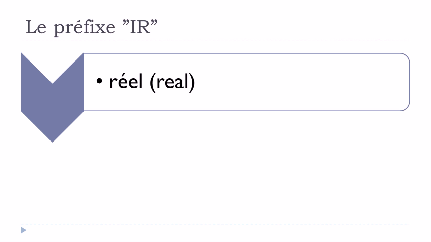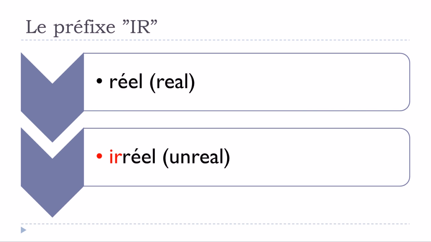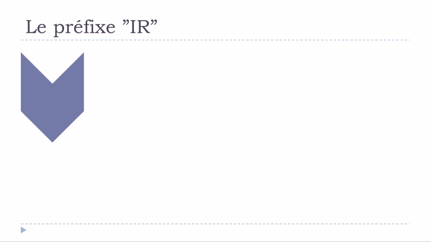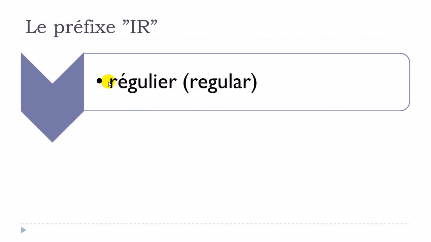The first one is réel. As I said, you just add this IR, and then after that you put your réel again, and you will get irréel. Réel, and then irréel. Régulier. As I said, remember they start with R all the time.